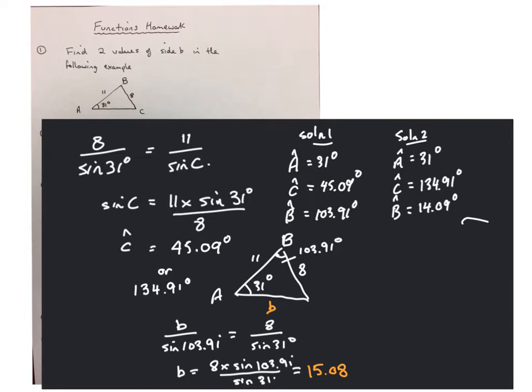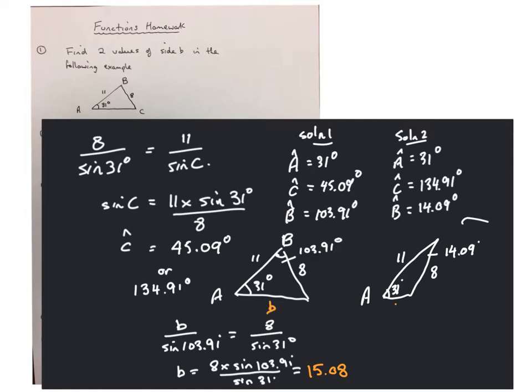And if we do the other triangle, we get a slightly different job. We get a triangle that's a bit more like that, 31, 8, 11. This angle up here is now 14.09 degrees.